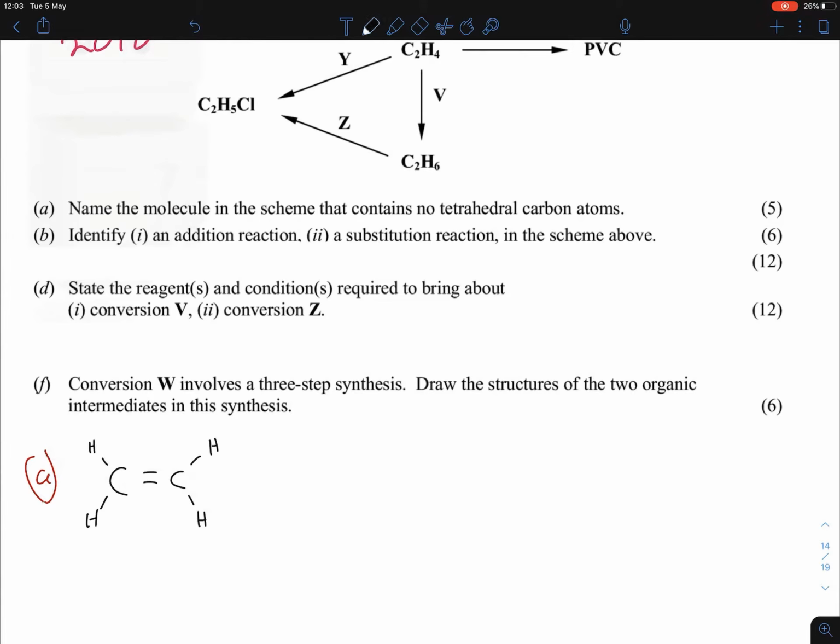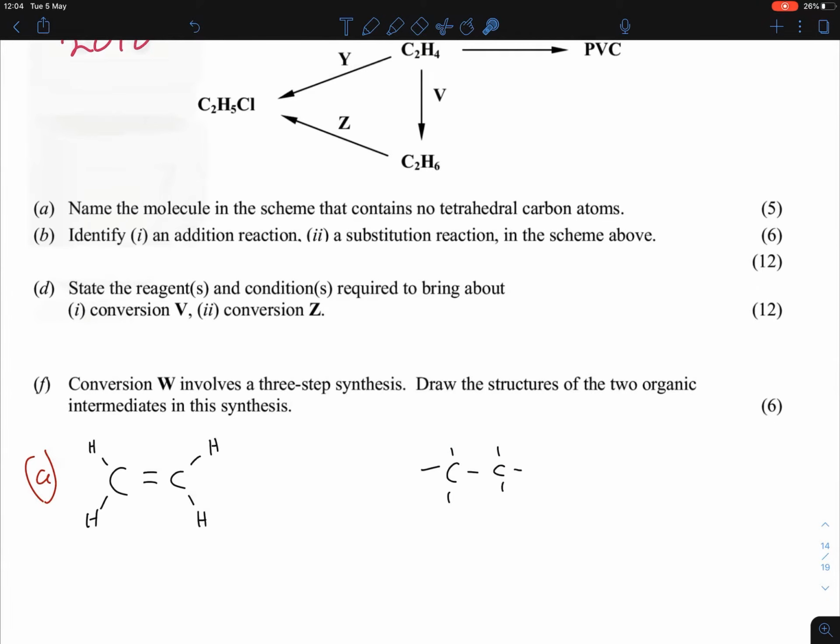For instance, if I drew out the other one, C2H6, I said that has to be an alkene because there's twice as many hydrogens as carbons. Sorry, C2H6 is an alkane. I thought that was C3. Excuse me. I'll draw it again. If I draw it out, not putting hydrogens there, you can see that there is a tetrahedral carbon atom.